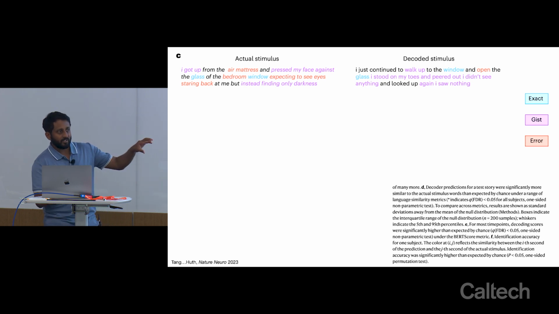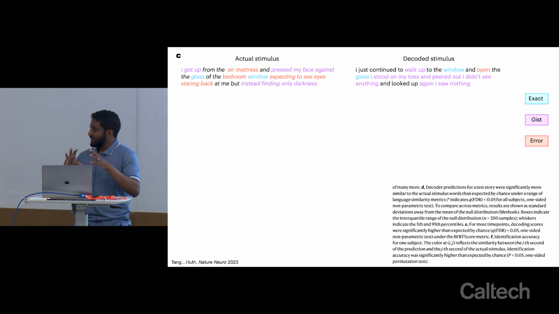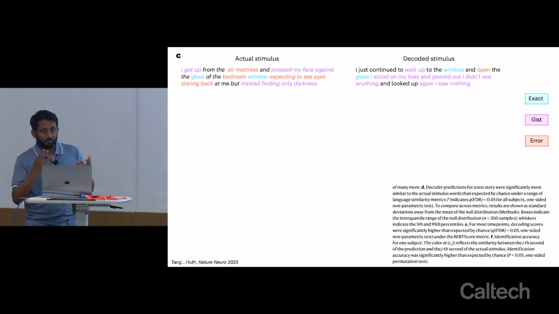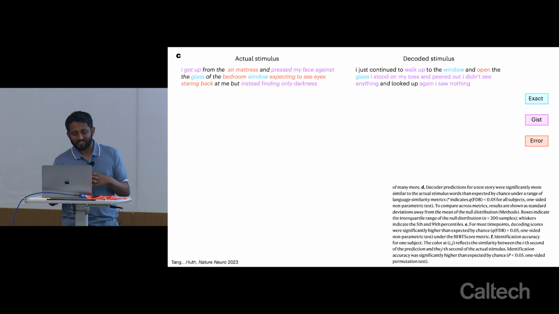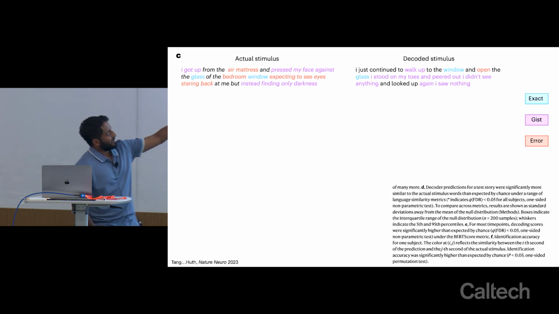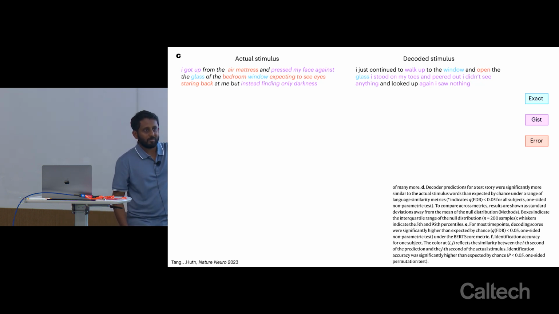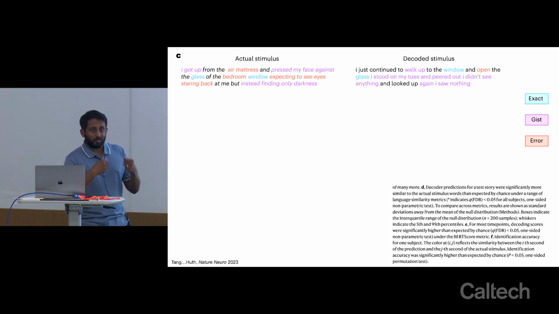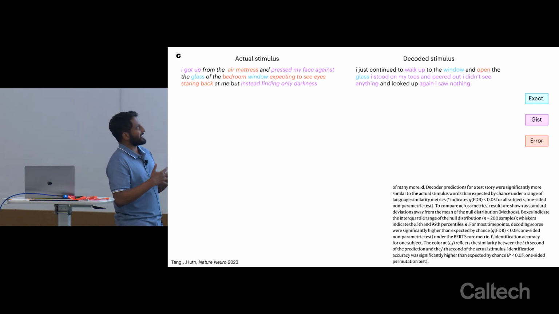The thing on the right is the decoded stimulus, and they're coloring it: light blue is where the decoding got the exact word somewhere, purple is where the decoding got the gist of the word, and red is a clear error. So for example, "I got up" was decoded as "I just continued to walk up." The decoder doesn't know exactly what's going on, but "got up" and "walk up," there's clearly that rising phenomenon.